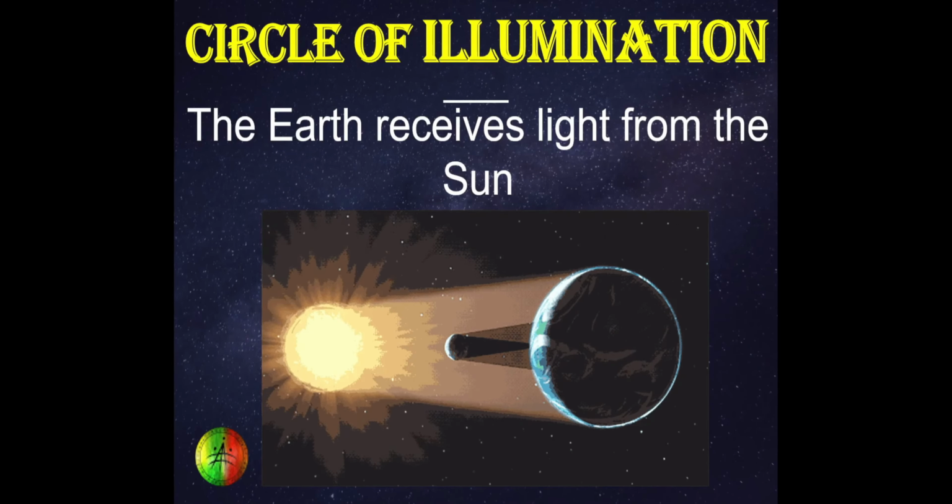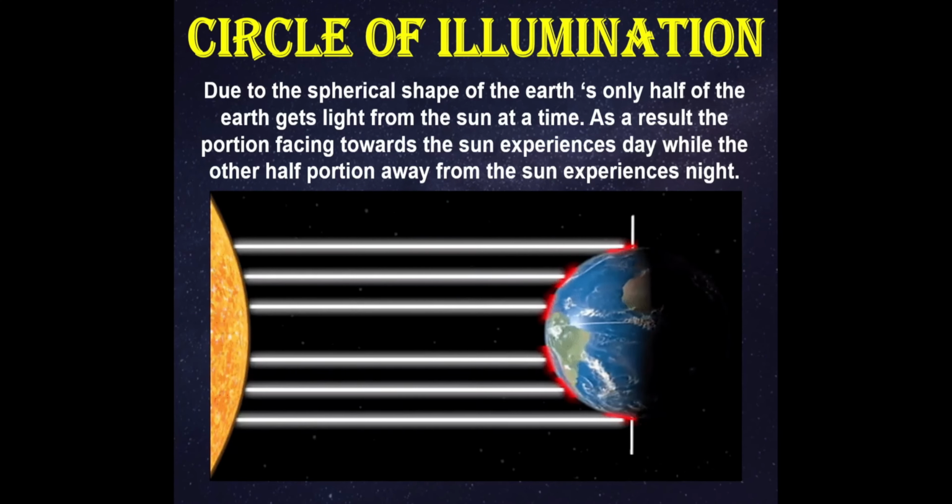Now let's understand what the circle of illumination is. The Earth receives light from the Sun. Due to the spherical shape of the Earth, only half of the Earth gets light from the Sun at a time. As a result, the portion facing the Sun experiences day, while the other half, away from the Sun, experiences night.